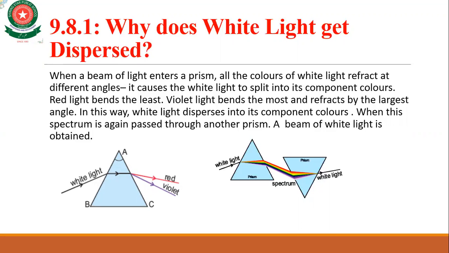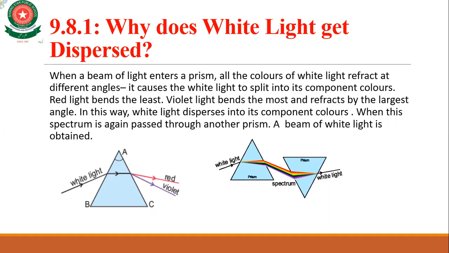Now the red light bends the least, violet light bends the most and refracts by the largest angle. In this way, white light disperses into its component colors. When this spectrum is again passed through another prism, a beam of white light is obtained.